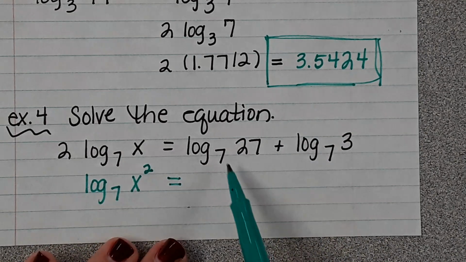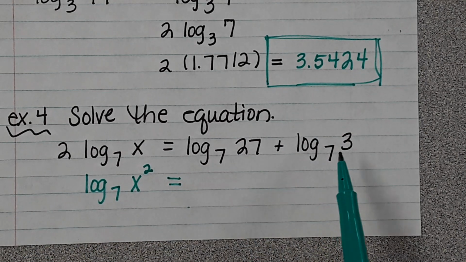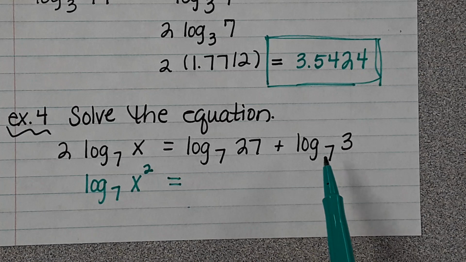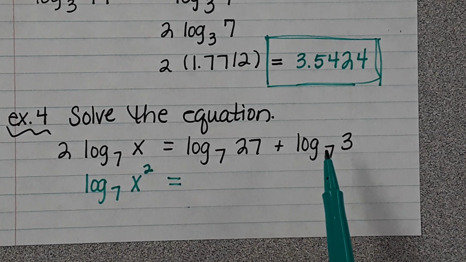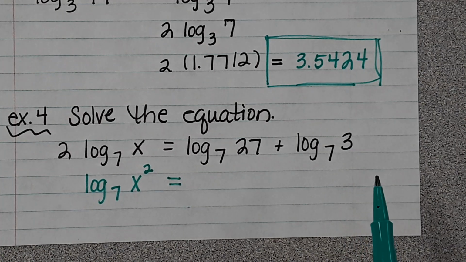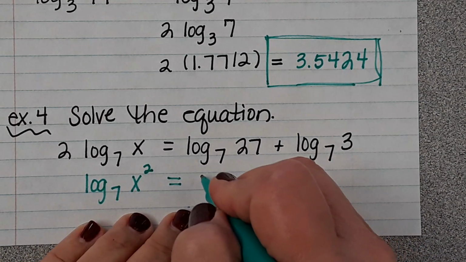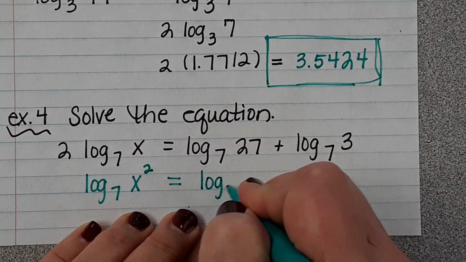What did we learn yesterday about an addition problem? How does that start off? This is the product property. If you add, it really started out as a multiplication. So we're going to multiply those two numbers together.